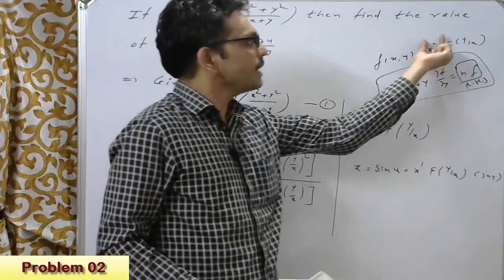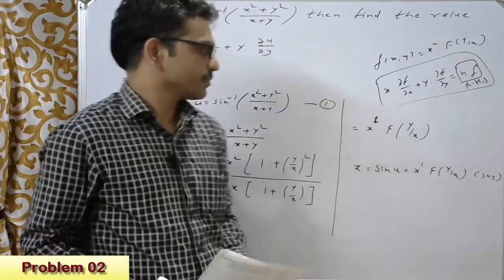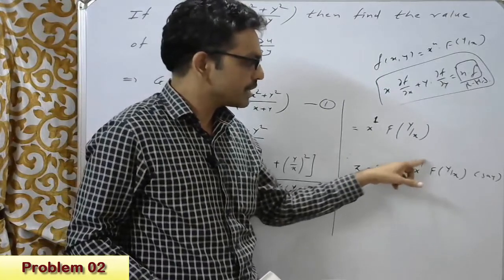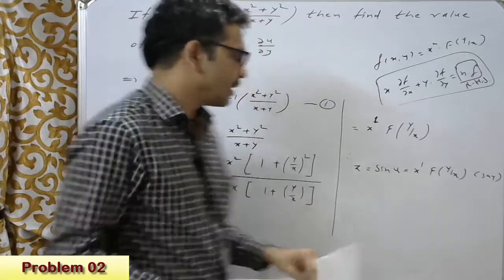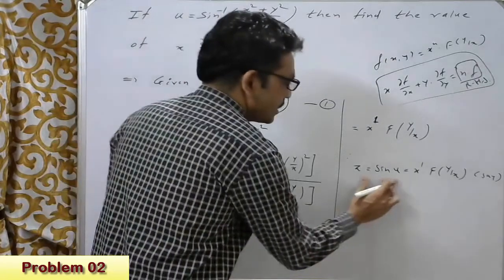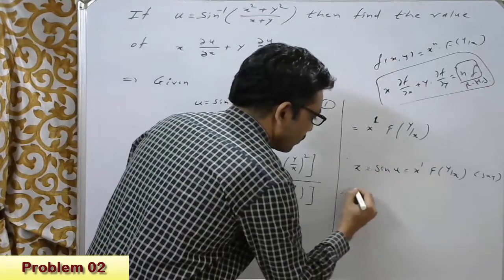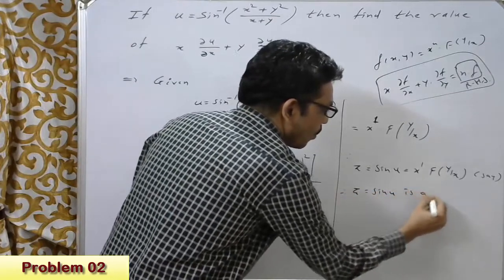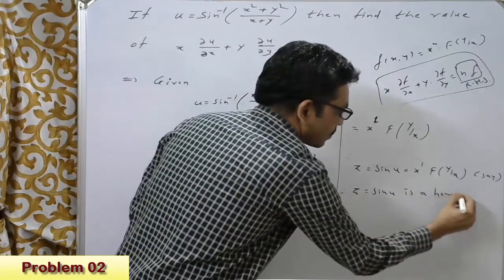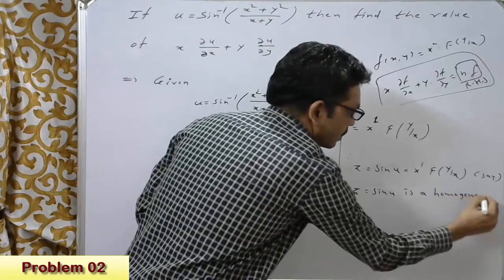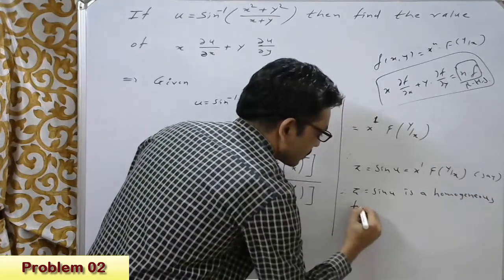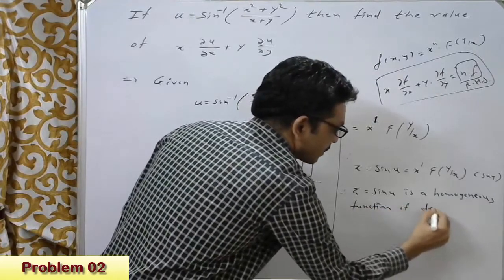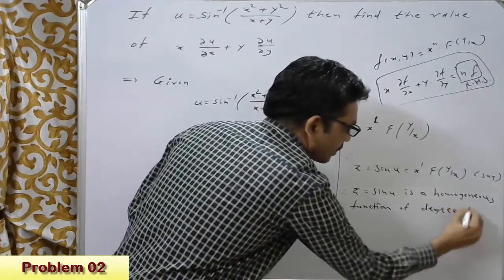Here n represents the degree of that function. Here we have x raised to 1, therefore this 1 represents the degree of that function. Therefore, z is equal to sine u is a homogeneous function of degree 1.